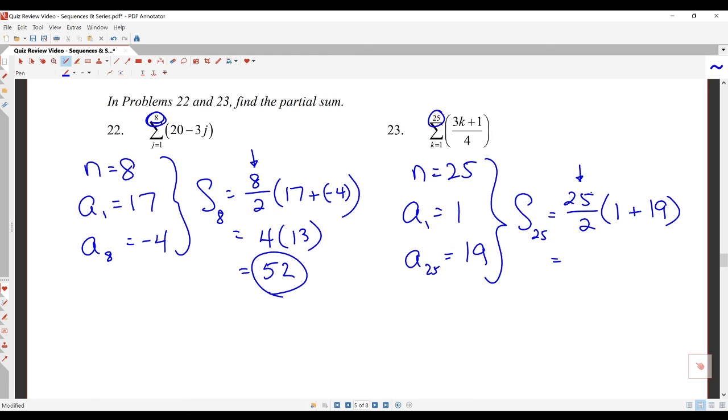If this number is odd, though, when you divide by 2 you're going to get a decimal of some sort. So usually this other factor ends up being even and able to be divided by 2. So 1 plus 19 is 20. 20 divided by 2 is 10, times the 25 gives me 250. You can do it any way you want, but you'll still get 250. But quite often, one of them will work out to give you the even number.